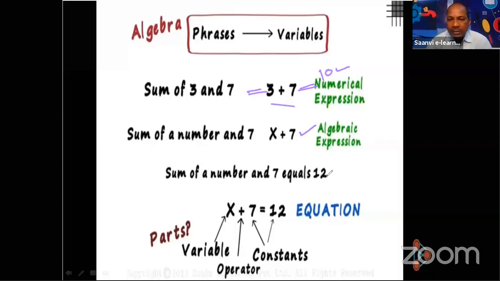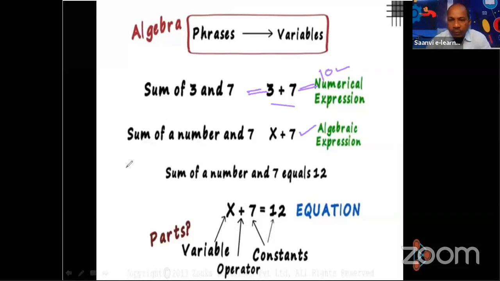Okay, that is equal to 12. So it means sum of a number and 7 equal to 12 means x plus 7 is equal to 12.